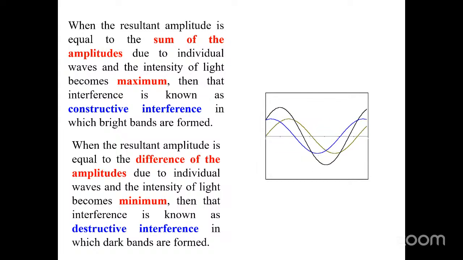Is it clear? When the resultant amplitude equals the difference of the amplitudes, in contrast to the sum of the amplitudes, which is bright, the intensity becomes 0, which is minimum.